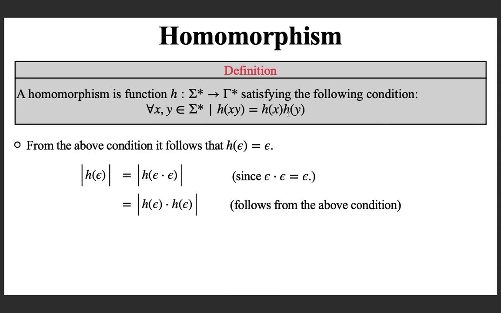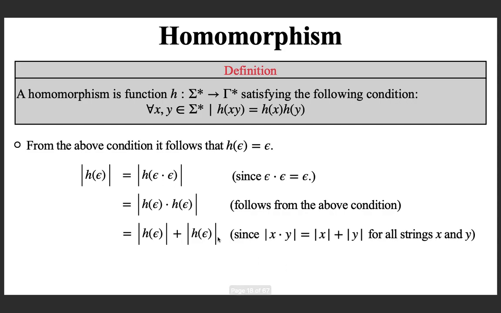So from the above condition, if this is the case, then the length is nothing but the length of the first homomorphic image plus the length of the second homomorphic image. Since for any strings x and y, the length of the concatenation of x and y is nothing but the length of x plus the length of y, by definition of concatenation.